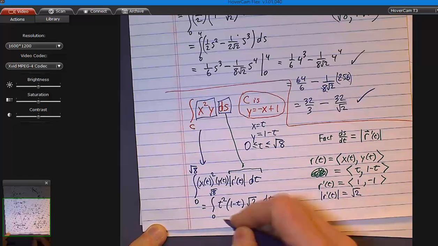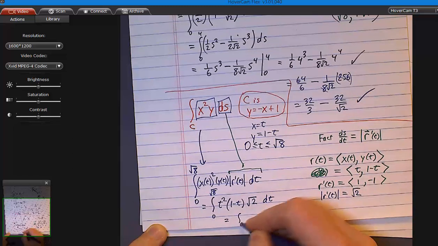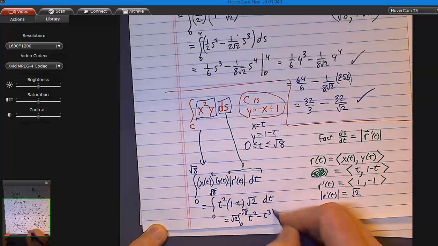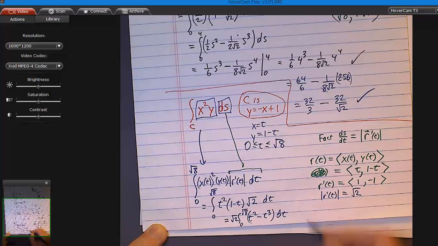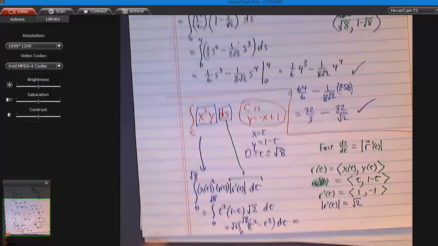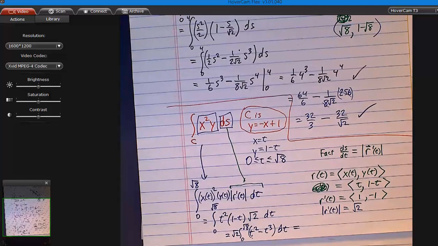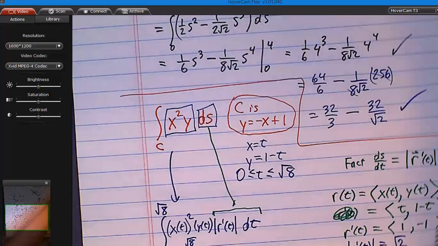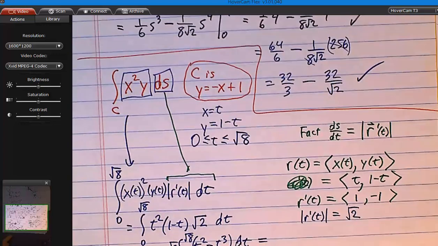I like that. So I'm going to integrate from 0 to square root of 8. I'll bring the square root of 2 out front. t squared minus t cubed dt. Is this easier? I don't know. Let's zoom in a little bit, finish the calculation, and you guys tell me what you think.